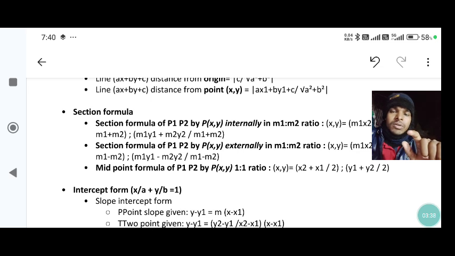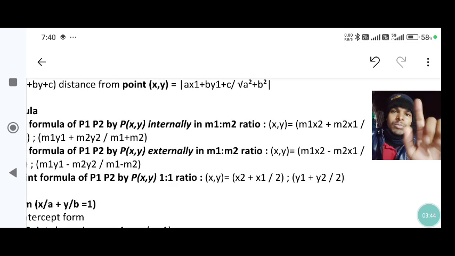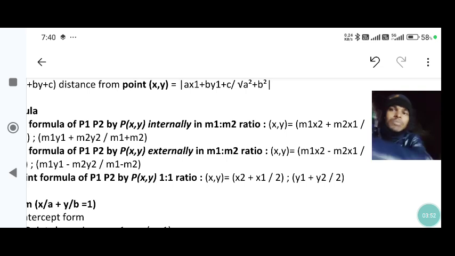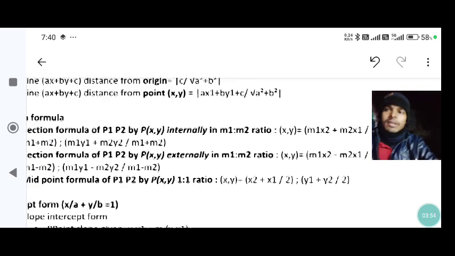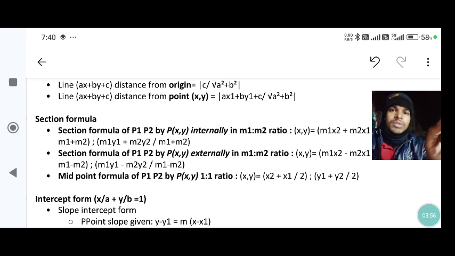For the coordinate of point P (x, y), the formula is m1 x2 plus m2 x1 divided by m1 plus m2. This is the x coordinate. And for the y coordinate, m1 y1 plus m2 y2 divided by m1 plus m2.